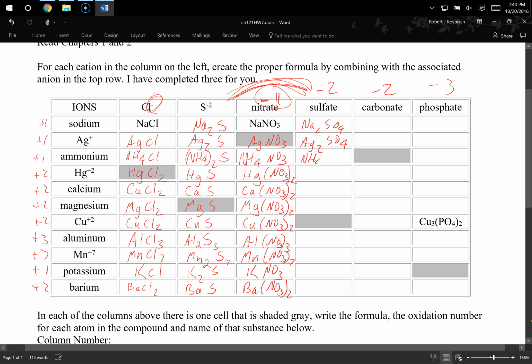And then I've got ammonium sulfate, and then mercury 2 sulfate, and calcium sulfate, and magnesium sulfate, and copper 2 sulfate, and aluminum sulfate, and manganese sulfate, and potassium sulfate, and barium sulfate.